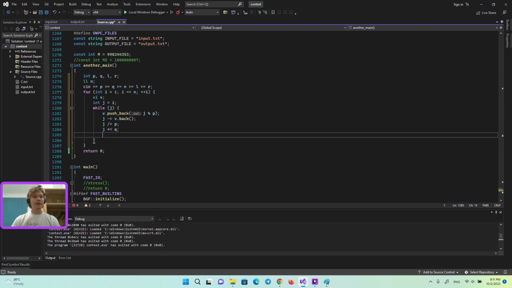Oh yeah, in the end, it is always at least 2. So the first digit is always kind of divisible by q. Yeah, in the end, the last digit is always divisible by q.